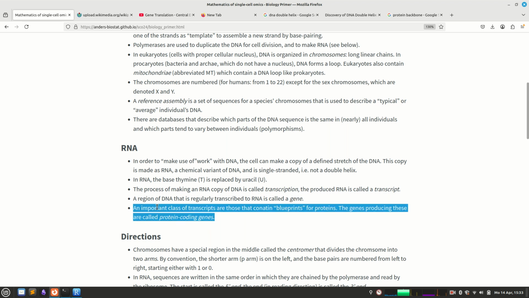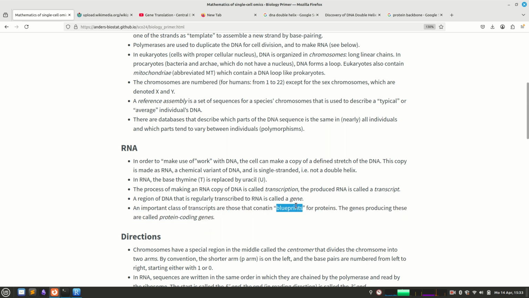So for now, we simply say most of these genes, actually not most, but the most important ones, are blueprints for proteins, and we call them the protein coding genes. The human genome, as I've just said, has 23 chromosomes, with a total of 3 billion base pairs, and it contains around 23,000 protein coding genes.